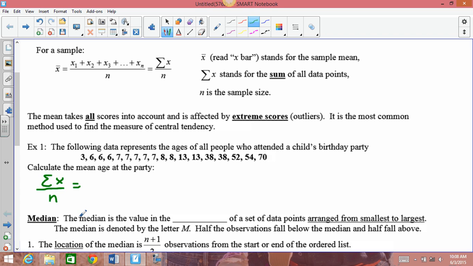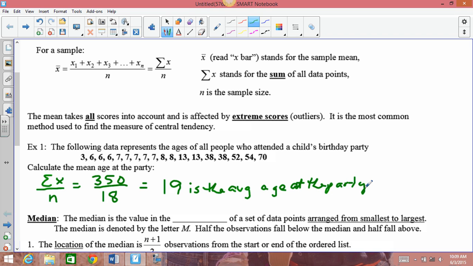If you add up all of these ages, you should find that that adds up to 350, divided by the total number of people at the party. If you count that, you should find that there are 18 people at the party. After you do 350 divided by 18, you'll get 19. So we can say 19 is the mean average age at the party.